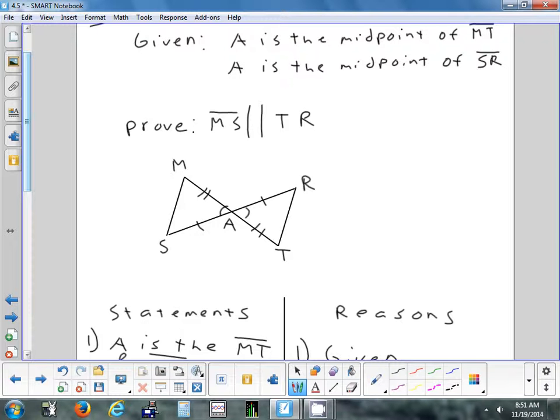What would I have to say next? Denver? You have to use the angles. Yep, you got to say something about angles. I would probably think about showing alternate interior angles are congruent. Can somebody name a pair of alternate interior angles here? And I think single letters will suffice. Yep. Angle M and angle T.